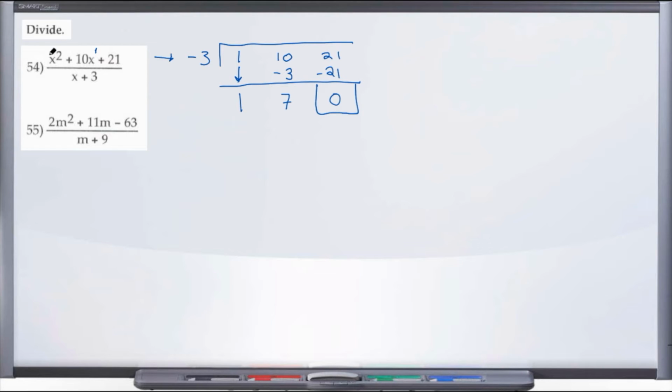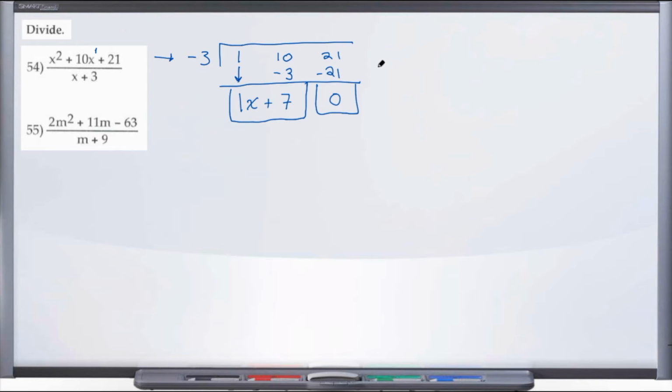And because our numerator started with a second degree, it started with a square, we are going to drop 1 power and start filling in. So we're going to go from 2 to 1, and after 1 comes none, so we just have a plus 7, right? Because 10 minus 3 was a positive 7.